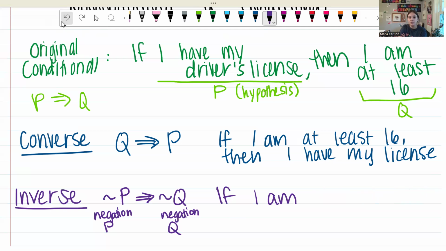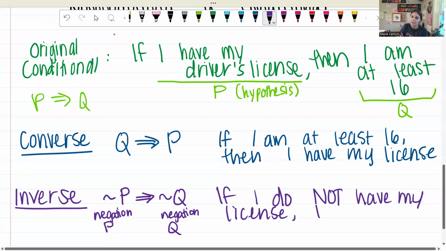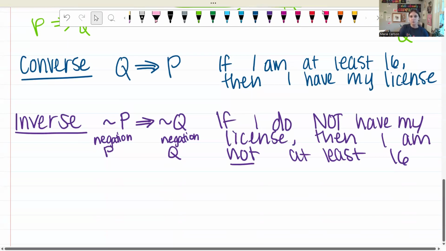So if I do not have my driver's license, then I am not at least 16. So that would be our inverse. Not P implies not Q.